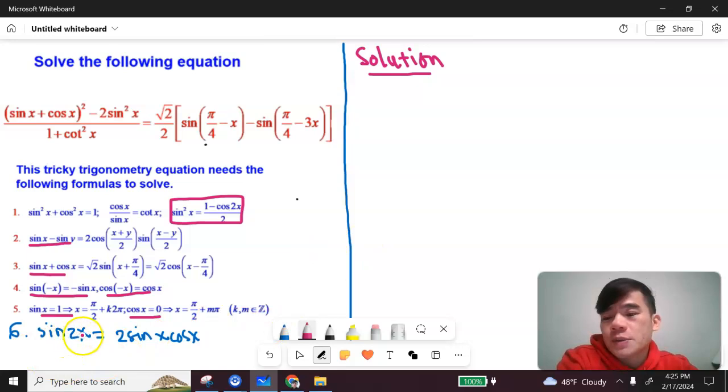Again, the double formula: sine 2s equals 2 sine s times cosine s. All right. So basically, if we see that this is a complete square, we just expand it.